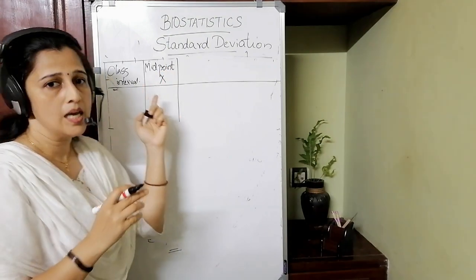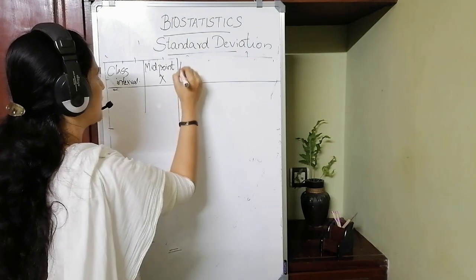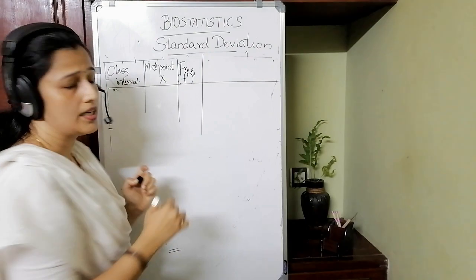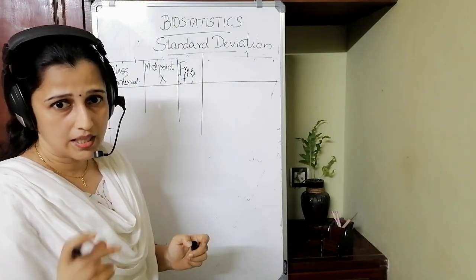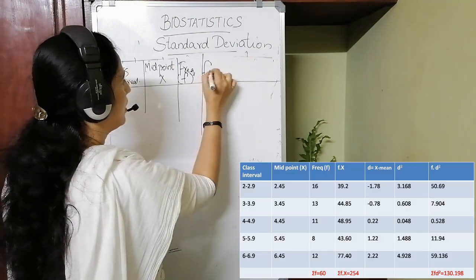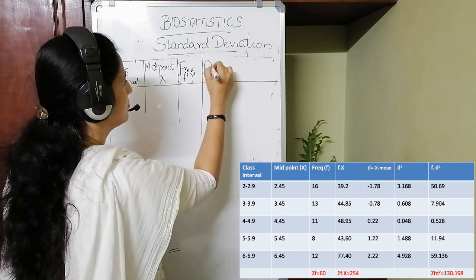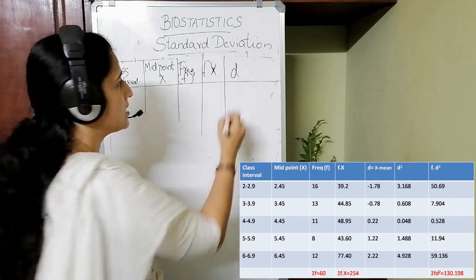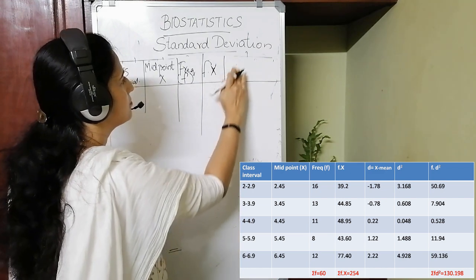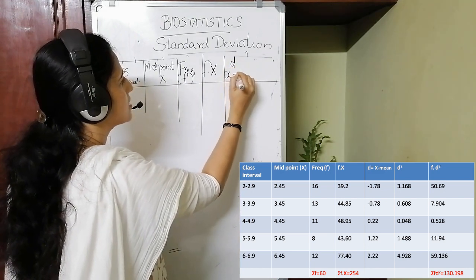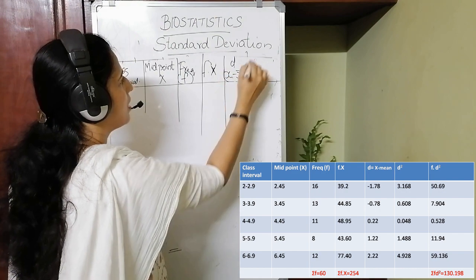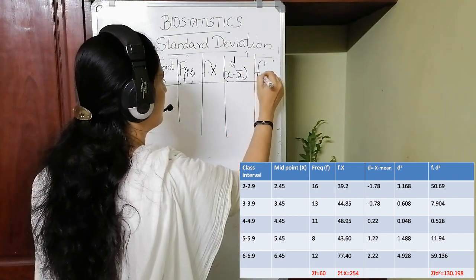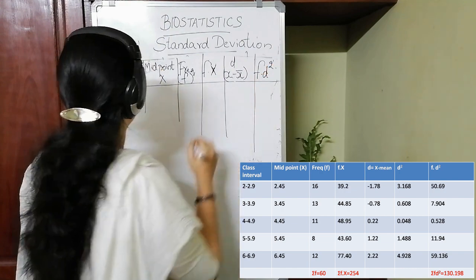So class interval, midpoint, then frequency or f, then frequency into x, f into x, then deviation, that is x minus x bar, and finally f d square, f into d square.